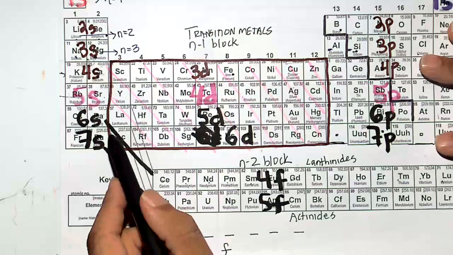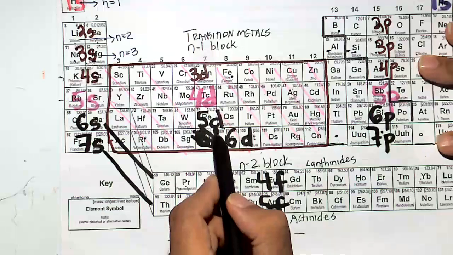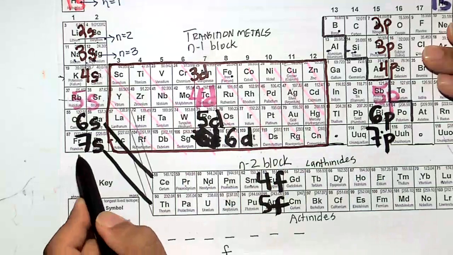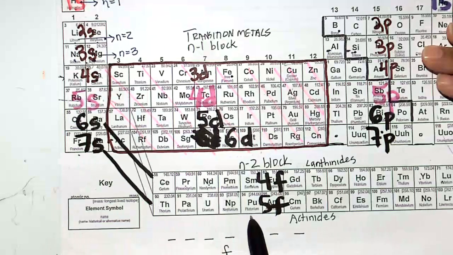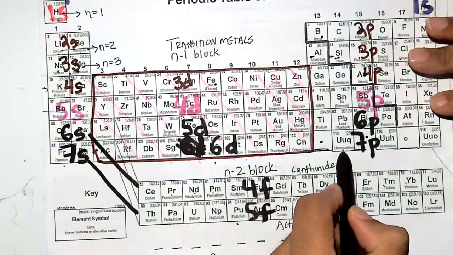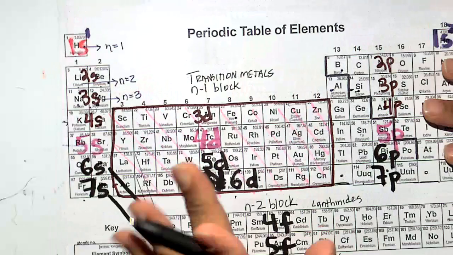Okay, so after 6s, they fill 4f. After 4f, where will they go? 5d. After 5d, 6p. After 6p, 7s. After 7s, 5f. After 5f, 6d. And after 6d, 7p. That will be all we'll go over.